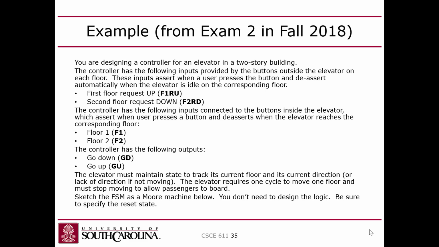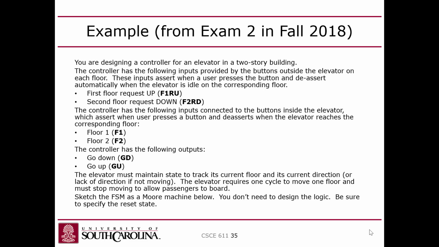So the elevator controller sees all of the inputs on all of the floors. Now, in order to simplify this, I just have 2 floors. So there's a first floor button that says I want to go up, and there's a second floor button that says I want to go down. And since there's only 2 floors, there's only 1 on each floor.